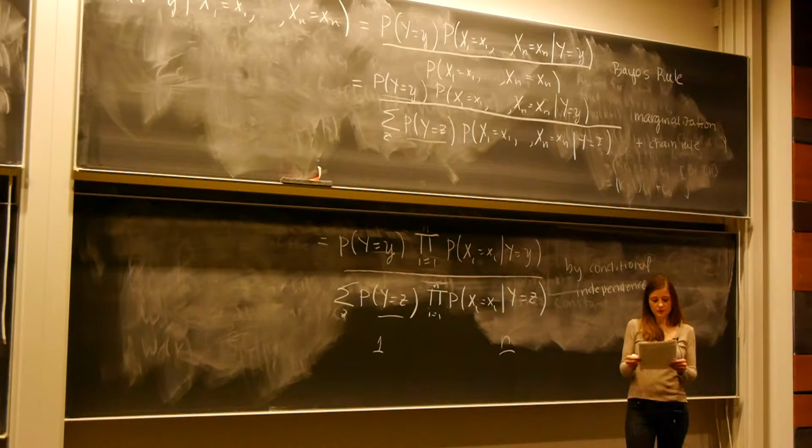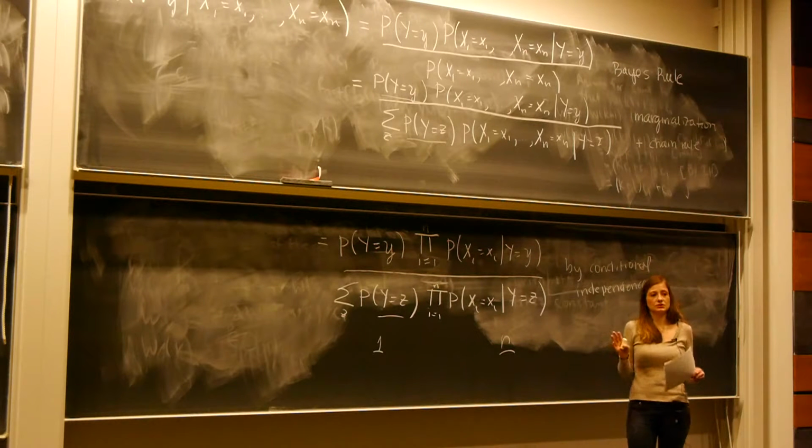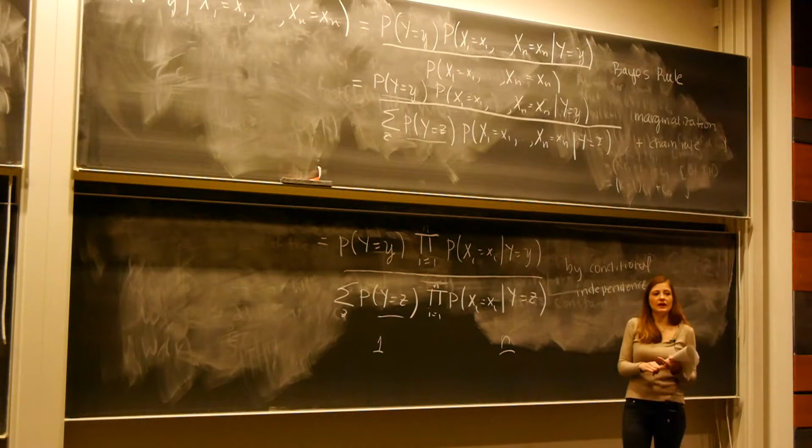Okay. Cool. So now let's talk about different types of features you can have in naive Bayes, right? So in class we talked about discrete features and a bit about continuous valued features.